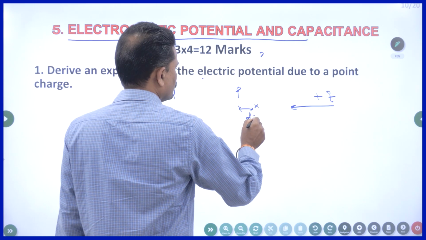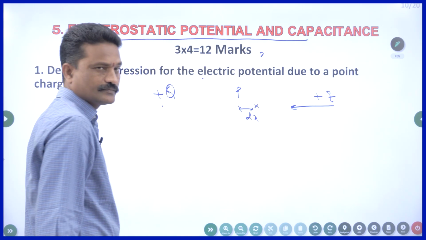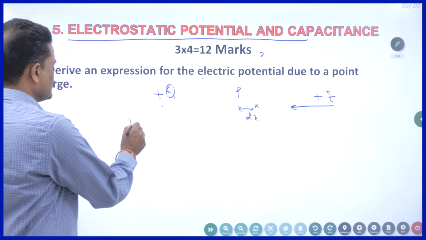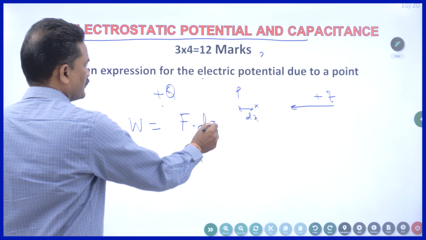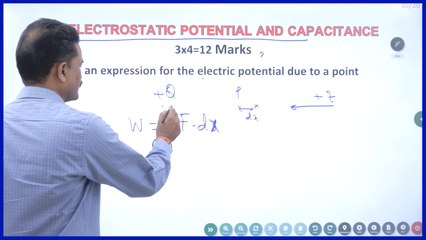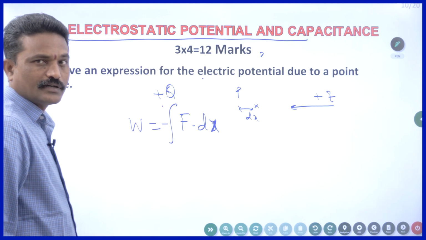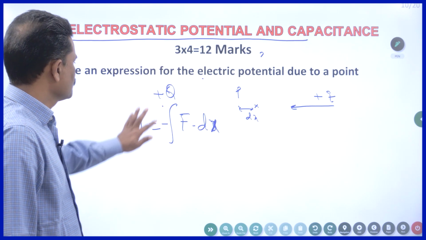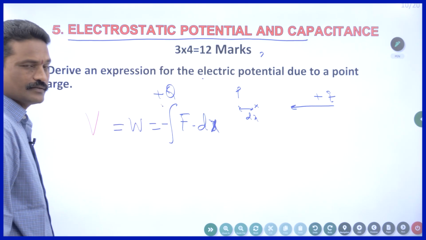So, I am trying to move it from this point to this point, that is dx. So, you know work is F dot dx. So, I am taking many such small dx, so I have to integrate. So, this is negative, the work done against its wish. So, this work done is nothing but potential.